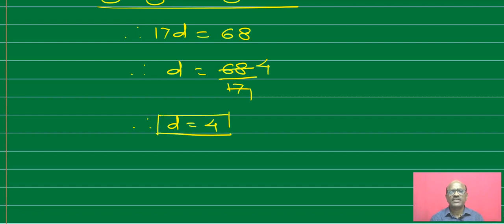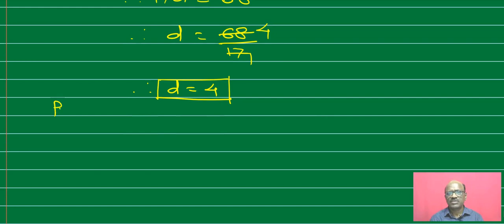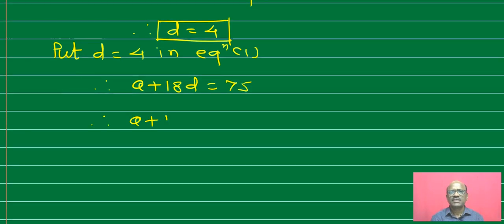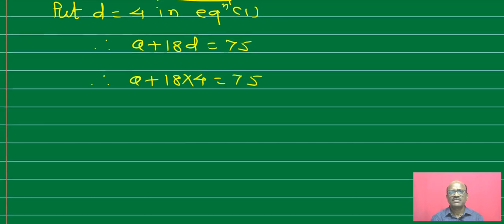We can find the value of a. Put the value of d in any equation, equation number 1 or equation number 2. Put d equal to 4 in equation 1. That is a plus 18d is equal to 75. a plus 18 into 4 is equal to 75. Therefore, a plus 72 is equal to 75.